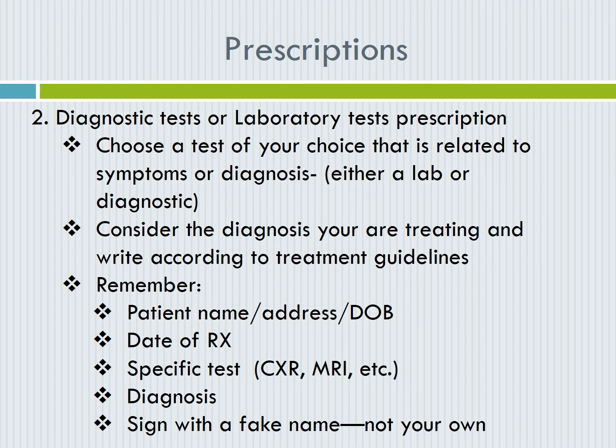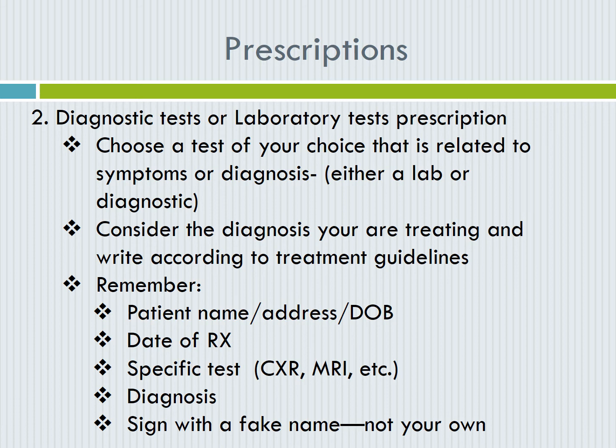Then make sure to look at the treatment guidelines and write it according to those guidelines. And remember, the same thing as the prescription: you need the patient's name, their address, their date of birth, the date of the prescription, and then the specific test, as well as the diagnosis, must be on there. Now, you don't put the diagnosis on the medication one, but you do put the diagnosis on the lab one and the diagnostic test.